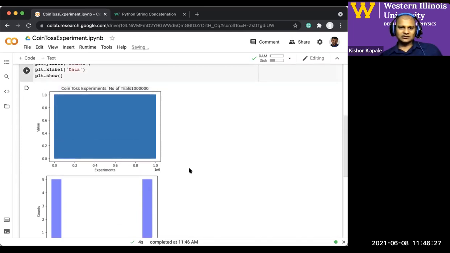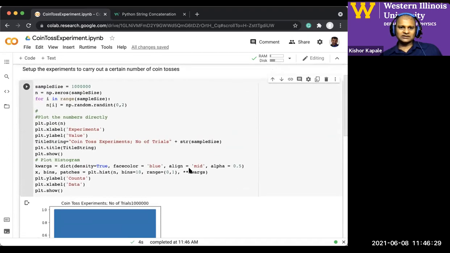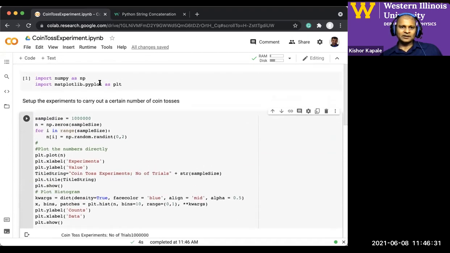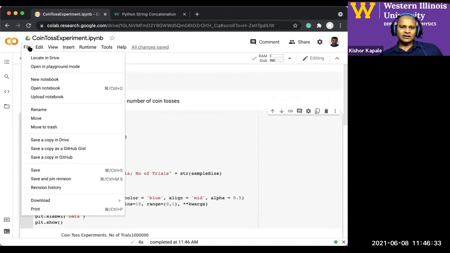All right, so that's a good experiment. What I'm going to do now is make a new notebook, and we're going to do exactly the same thing, but instead of a coin toss, let's do a die throw, right?